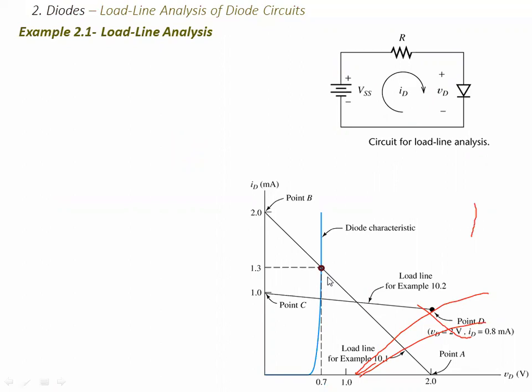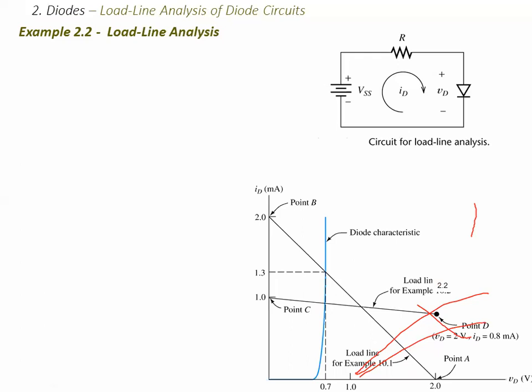So how do we get the operating points? We determine the values of the currents with respect to the circuit parameters.